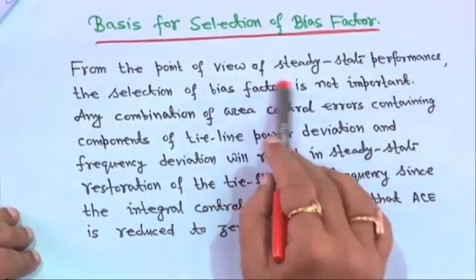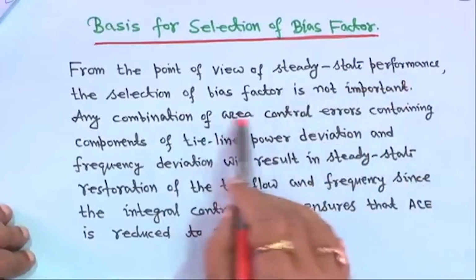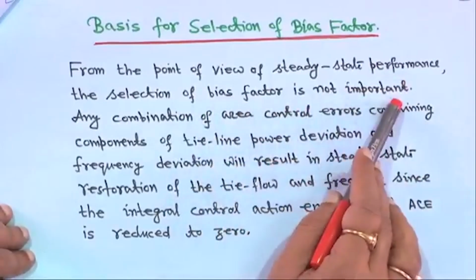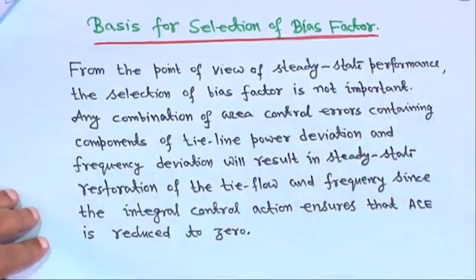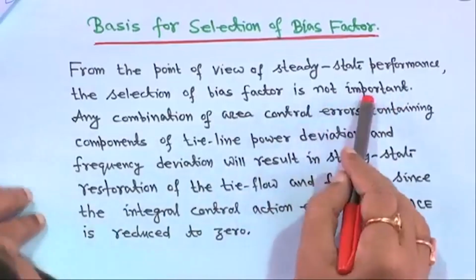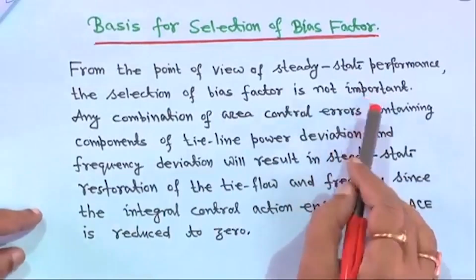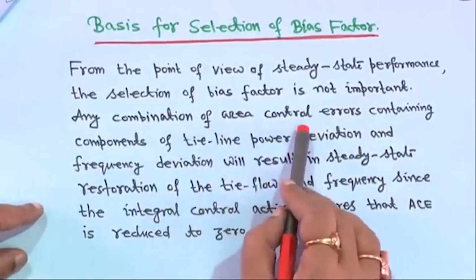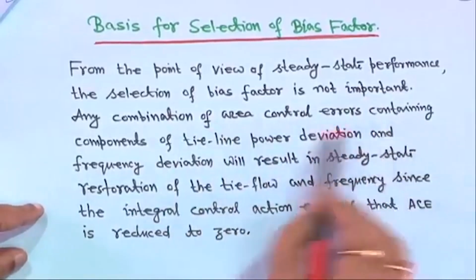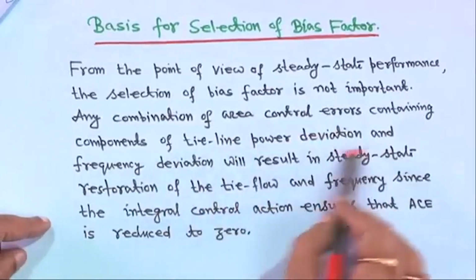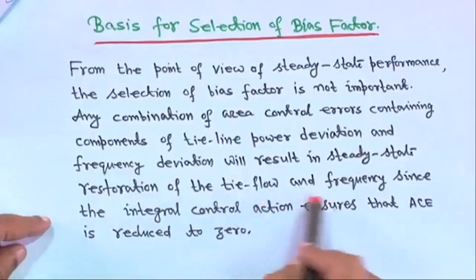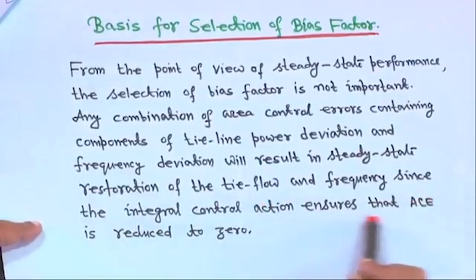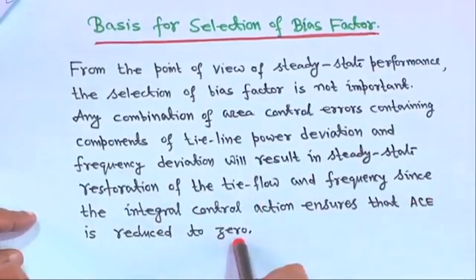From the point of view of steady state performance, the selection of bias factor is not important. Any combination of area control errors containing components of tie line power deviation and frequency deviation will result in steady state restoration of the tie line flow and frequency, since the integral control action ensures that ACE is reduced to 0.